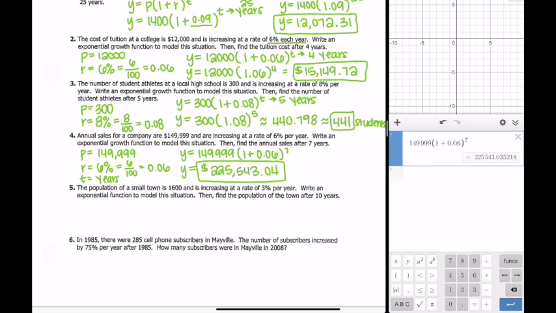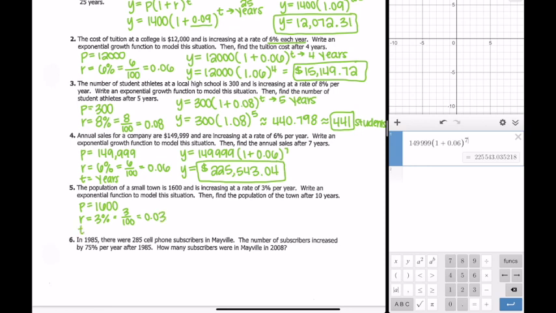The population of a small town is 1,600 and is increasing at a rate of 3% per year. Write an exponential function to model this situation, then find the population of the town after 10 years. So our initial value is 1,600. The rate is 3%, but remember that means 3 out of 100, or 0.03.